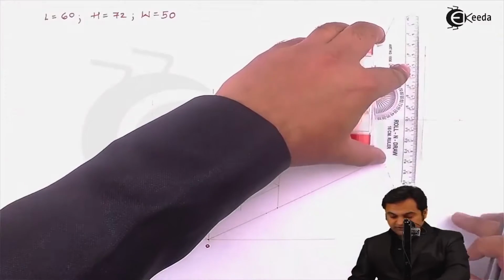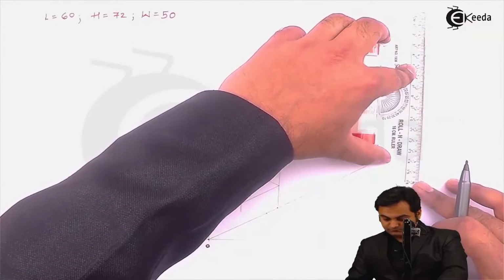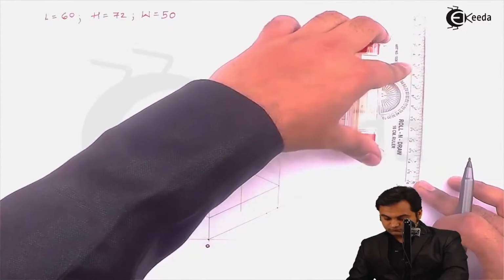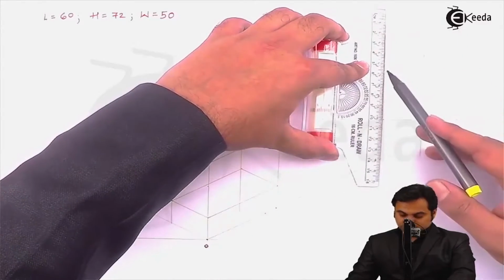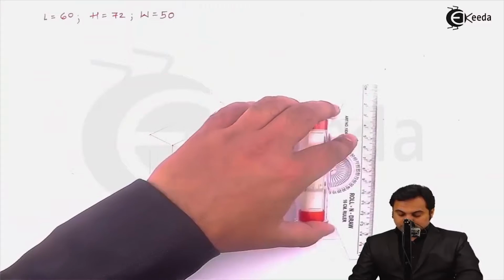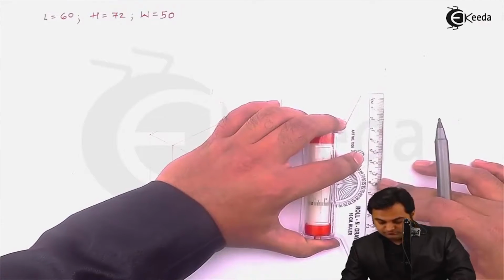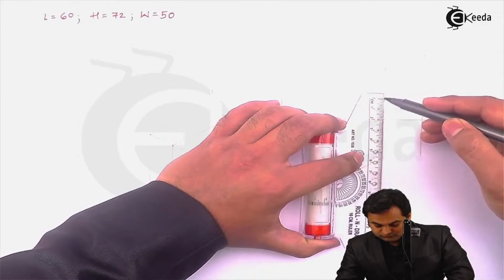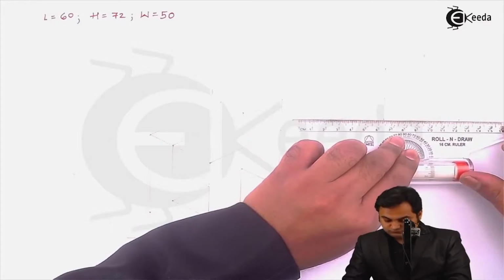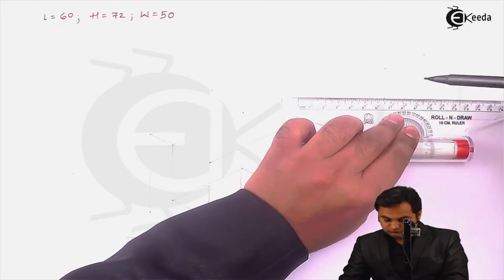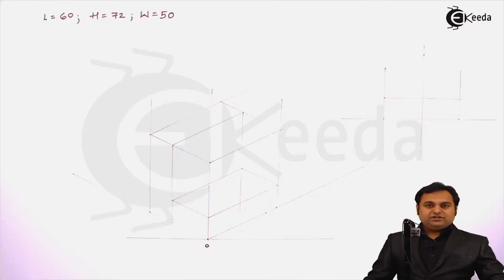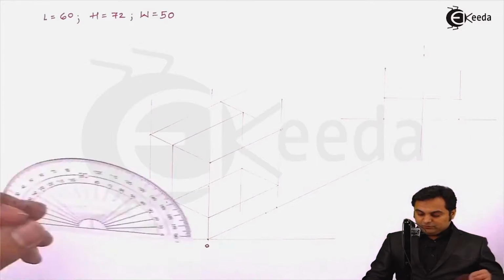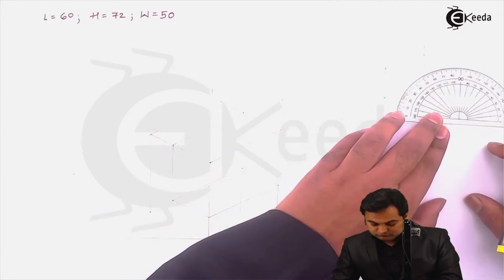Next, drawing vertical lines through them. Then measuring 20 mm. And now here I am measuring the angle 60 degree from both these points as it is given.